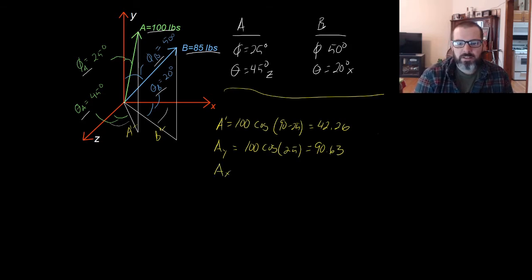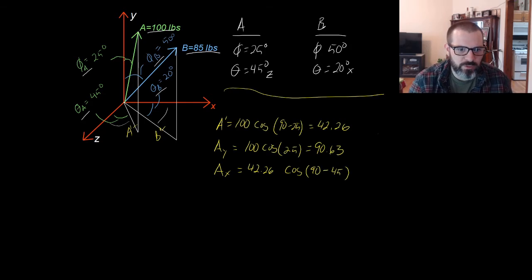AX is equal to A prime, which is 42.26, times the cosine of 90 minus the transverse angle, which is 45. And we had to do 90 minus 45 because the transverse angle is measured to the z-axis, and we want to know what the rectangular component in the x-axis is.